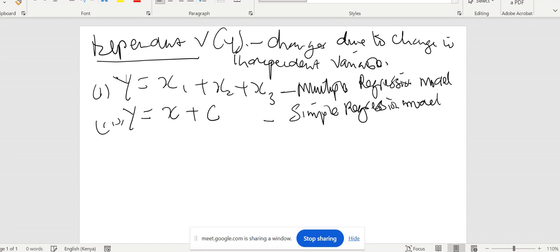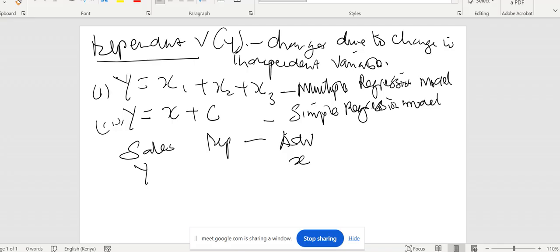So if I can illustrate further, in model 1 the contribution to y can be made from more than one independent variable. We are saying, for example, that sales depend on advertising. So advertising predicts sales; this is X, this is Y. But is it only advertising which predicts sales?